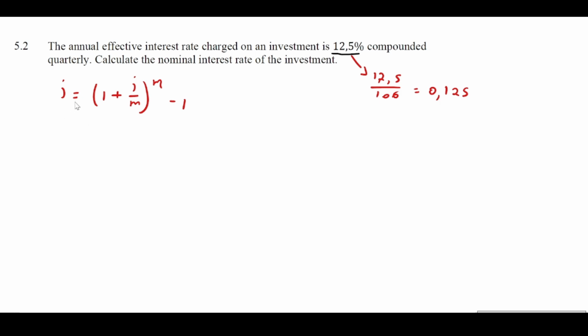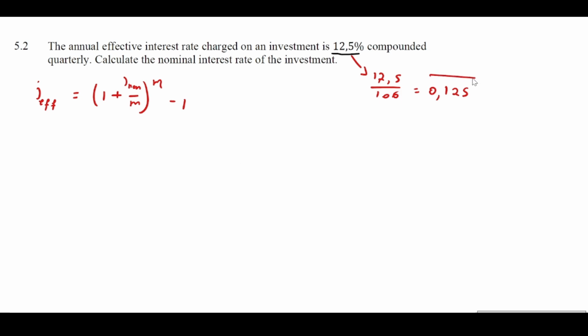Okay, so the one that you see on the left here is your effective interest rate. I normally like to write it like this: i, and then you put an EFF there to represent your effective interest rate. And the one that is inside here, I put i NOM, representing the nominal interest rate, so that we do not get confused.